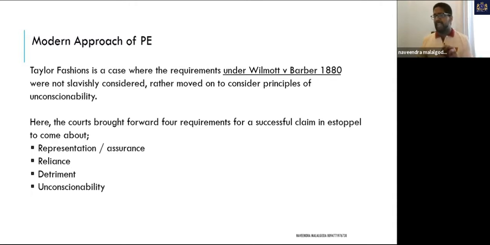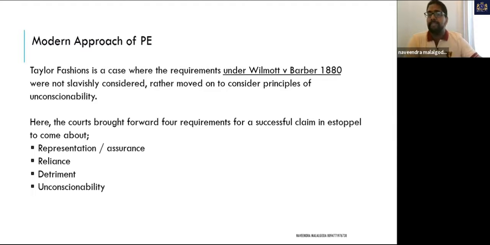They did not slavishly want to adhere to those old principles, because it was considered that these old principles laid down by the case of Wilmot versus Barber were, quite frankly, a little bit stringent, and it was not very easy to be established.